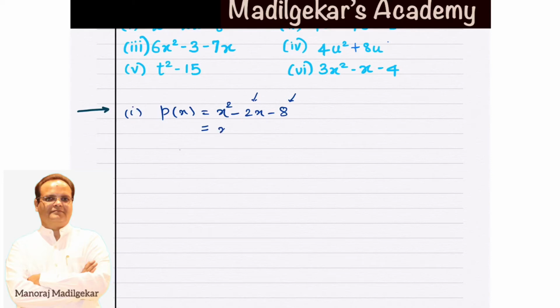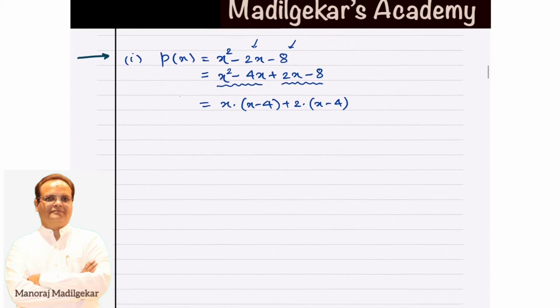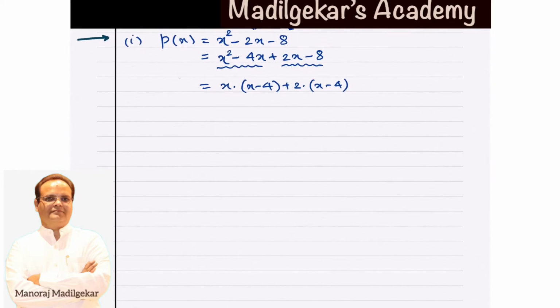So we can factorize this as x square minus 4x plus 2x minus 8. From the first two terms, you can take x common, so it is x minus 4. From the remaining two terms, take 2 common. So again it gives the same bracket x minus 4. That is x minus 4 into x plus 2.